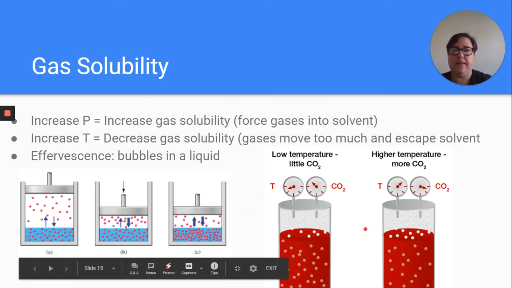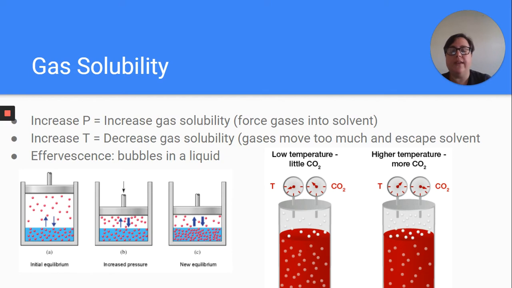Temperature is the opposite. We want low temperature so that the molecules don't have enough energy to escape the surface of the solution. So we like to drink our carbonated beverages cold because the cold helps keep it carbonated. Warm carbonated beverages tend to taste flat to us because the gas has all escaped.